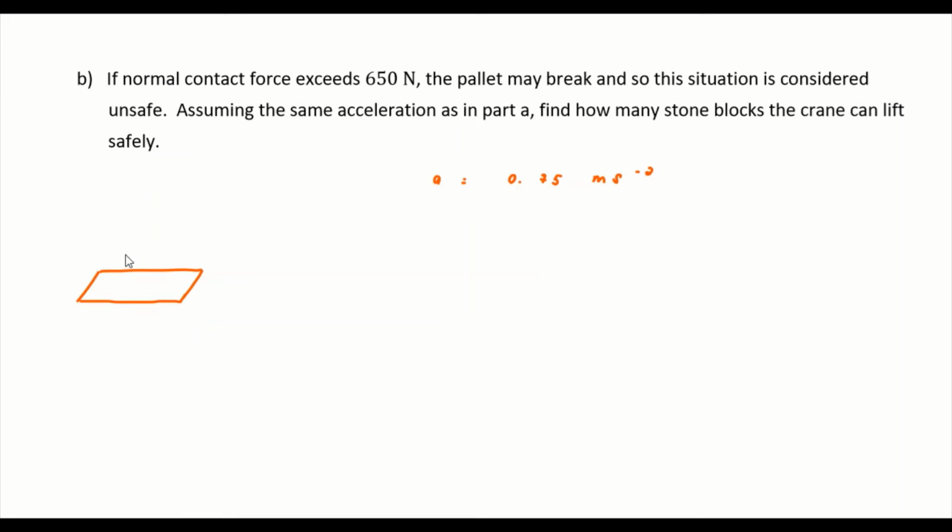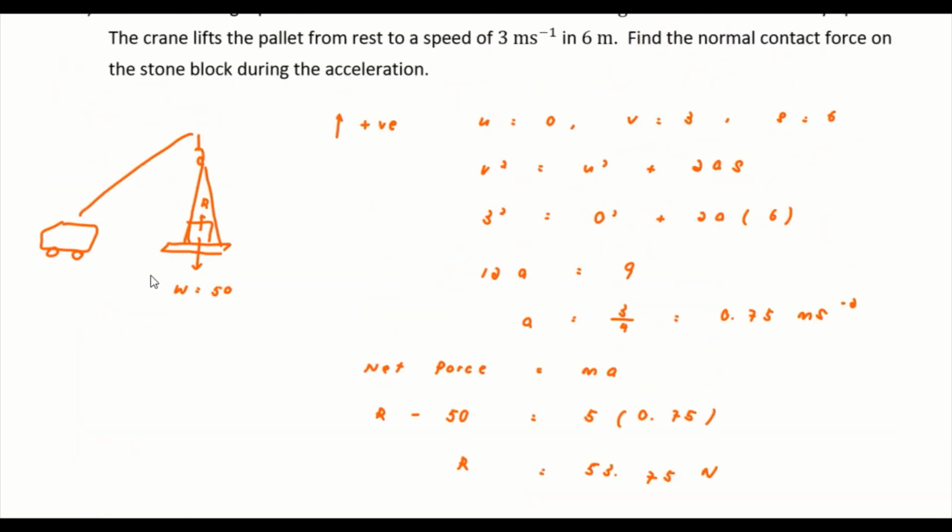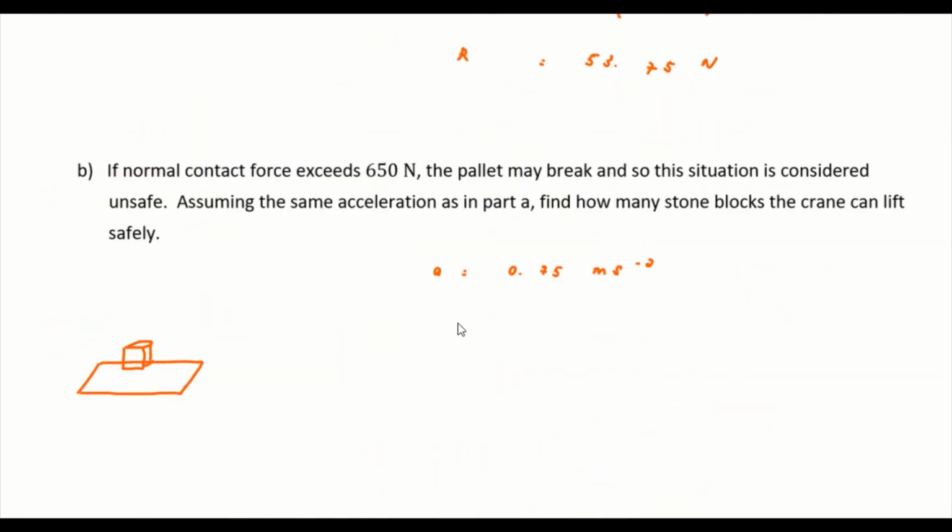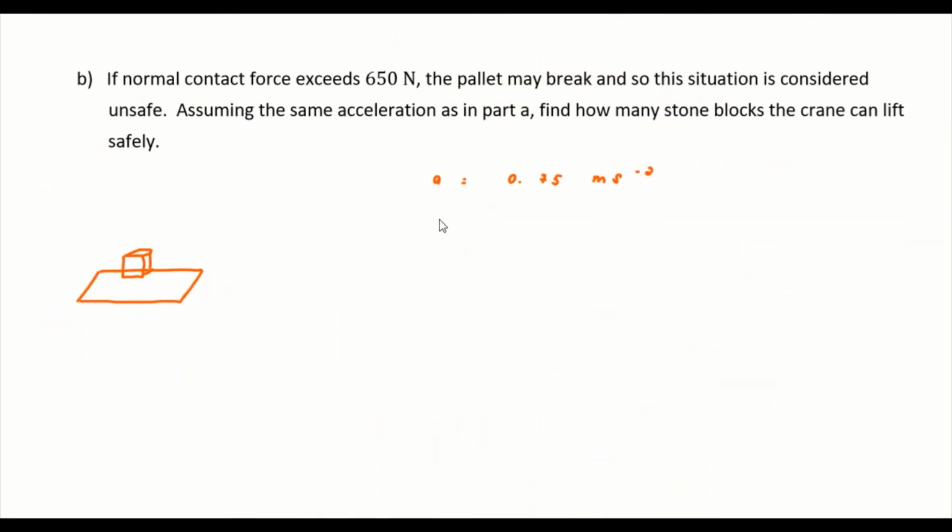So this is the block that you are putting on it, right? We don't know how many we can put on it, but we know that one block is equal to 5 kg. Let's denote the number of blocks by small n.